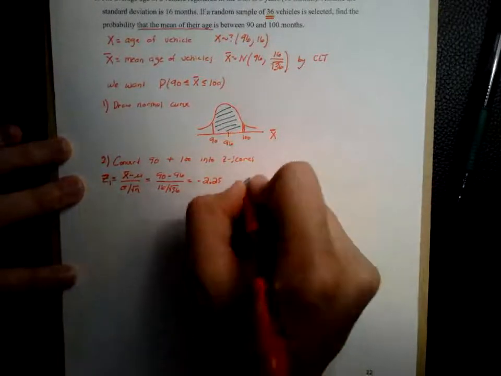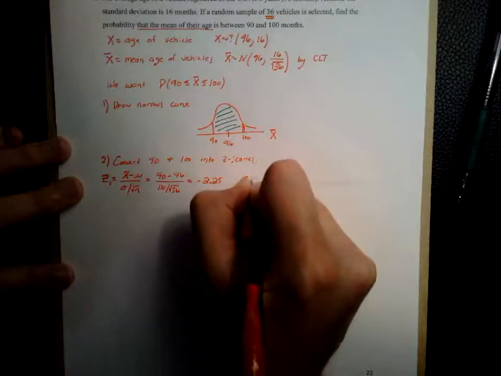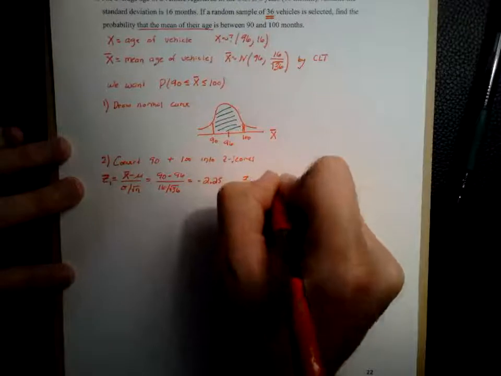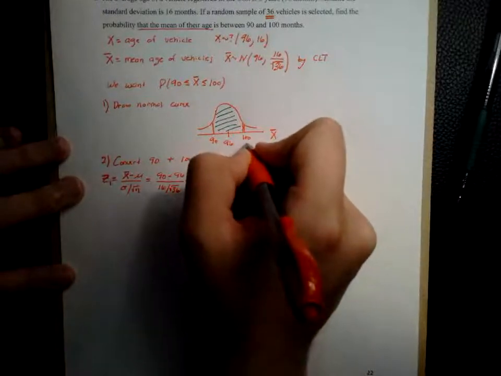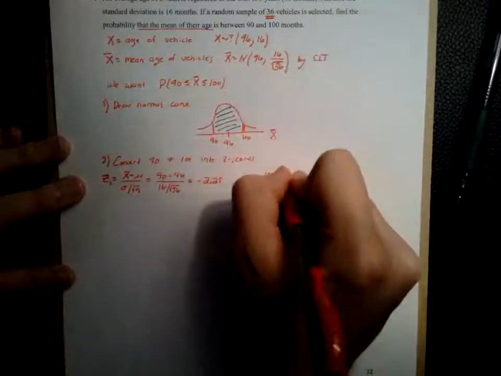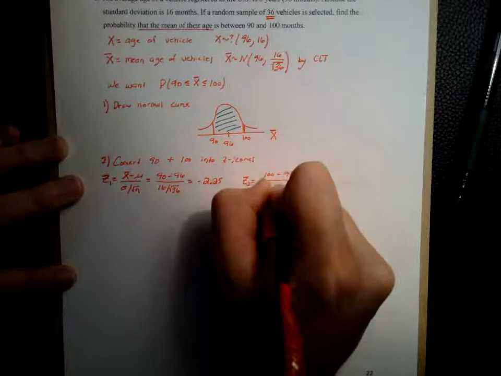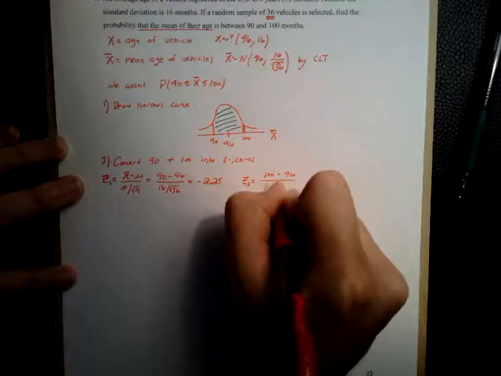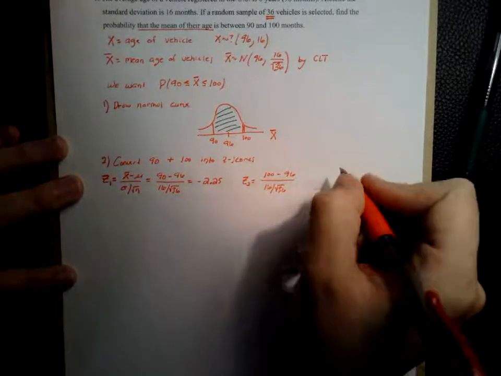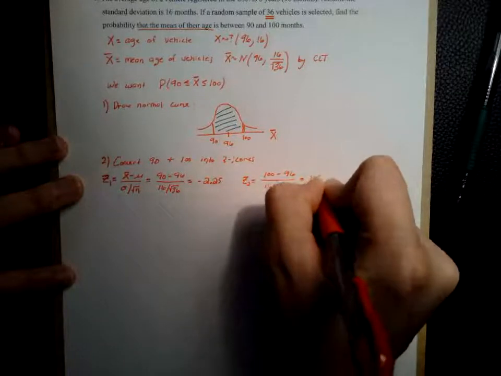Doing the same thing for 100, z2 is equal to the sample mean we're interested in, which is 100, minus the overall mean of the sample means, which is 96, and then again divided by the corresponding standard deviation of 16 over the square root of 36. And this to 2 decimal places is 1.50.